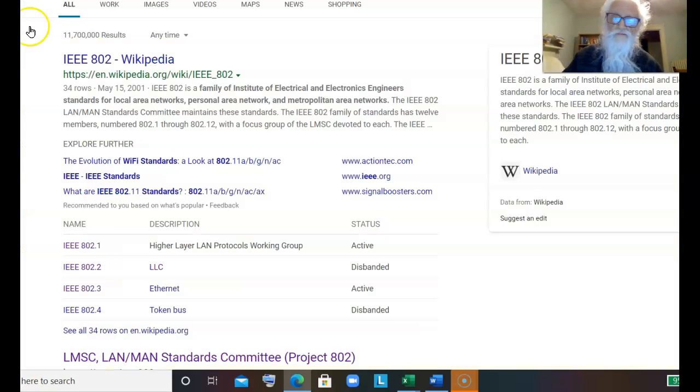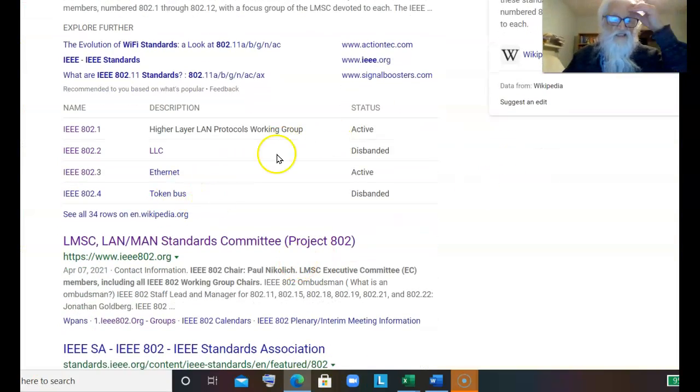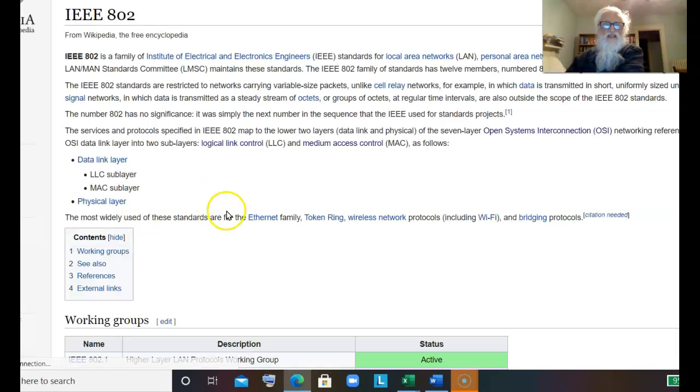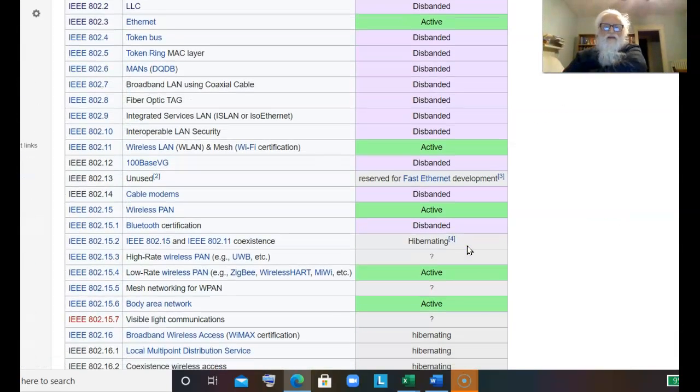There are quite a few. And I think I can get this list here. This is just some of them floating around. Look at them. I guess it's all of them.